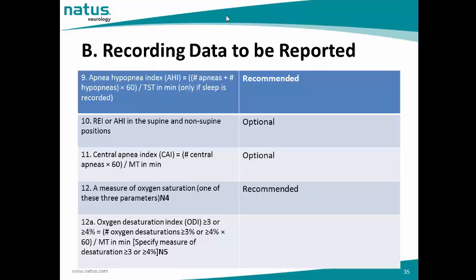A measure of oxygen saturation, one of these three parameters, is recommended, as reporting all three parameters may provide important information for the clinician.